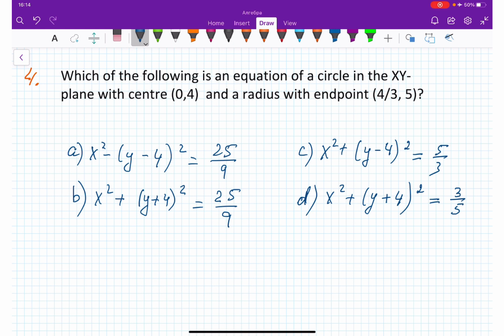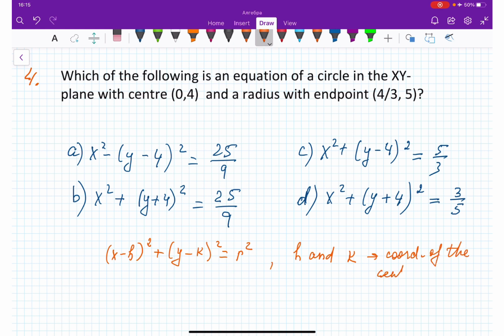Okay, the equation of the circle can be written as x minus h squared plus y minus k squared equals r squared, where h and k are the coordinates of the center of the circle, and r is the radius, right?